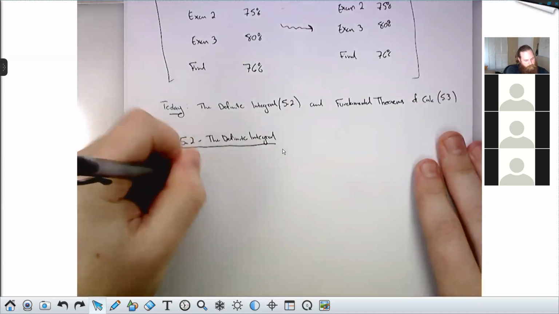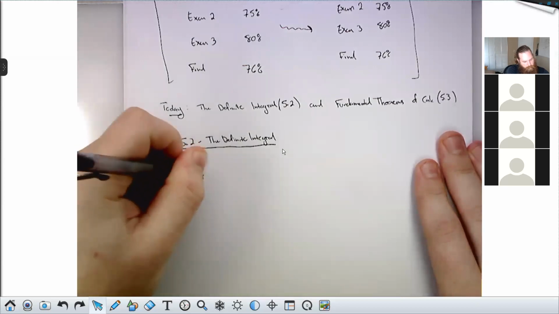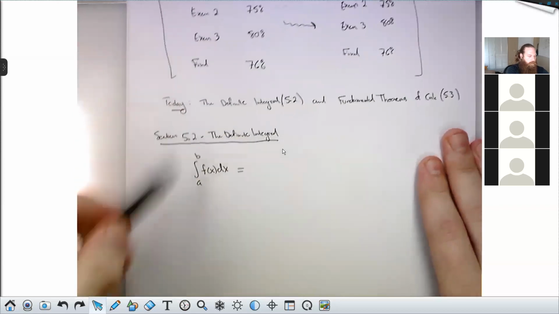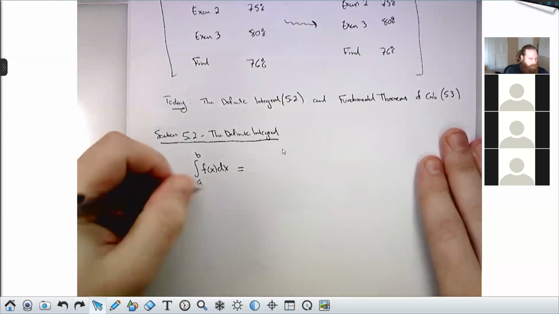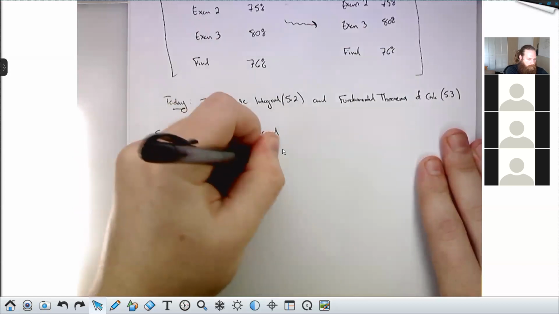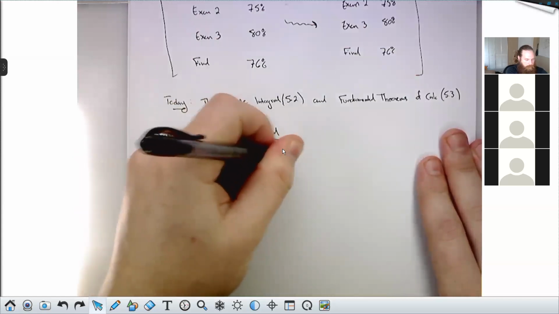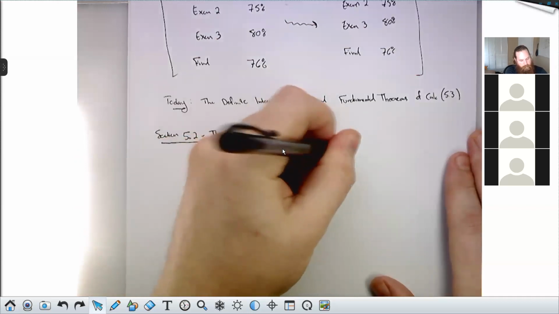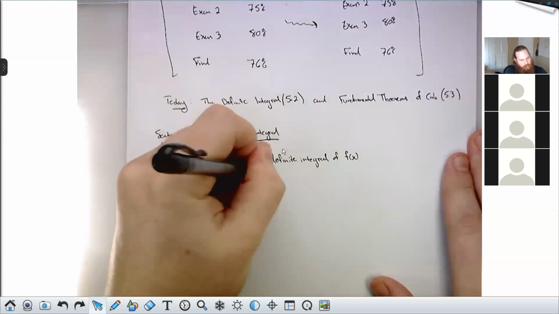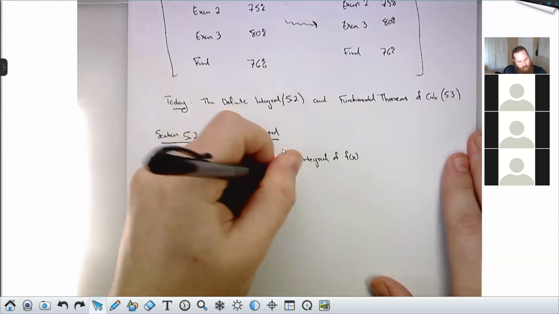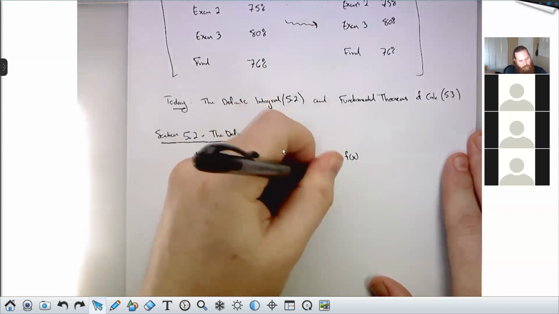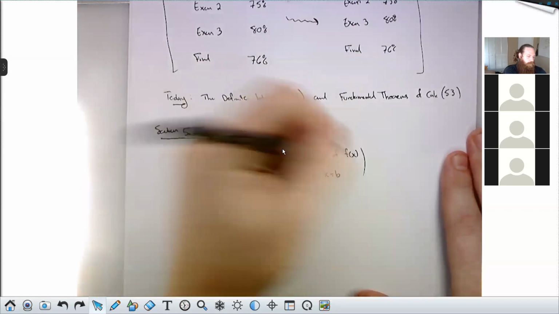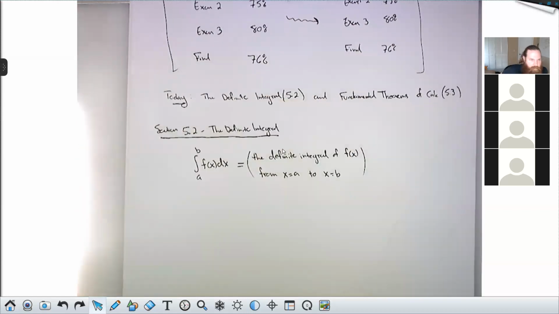I'll just show you. Here's the symbol, right? This is called the definite integral of the function f of x from x equals a to x equals b. And there's a few ways to understand what this says.